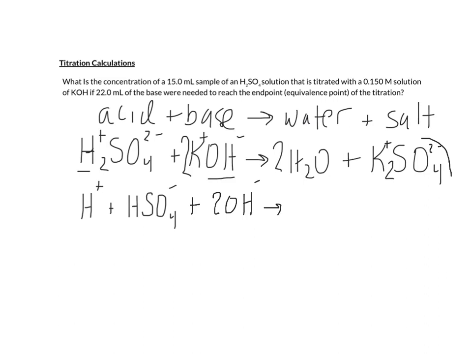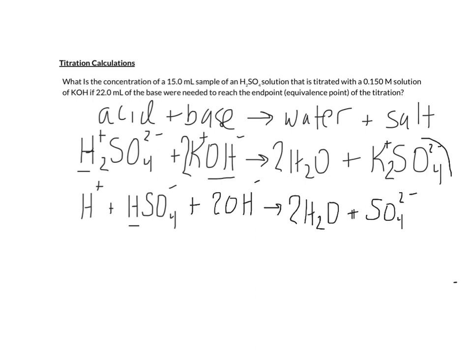So now we make 2 waters. If we remove that second proton, because water is not strong enough to remove this, but hydroxide ions are, hydroxides are a much stronger base. We then write SO4 2- as our resulting ion.